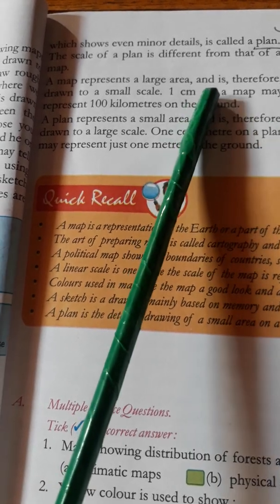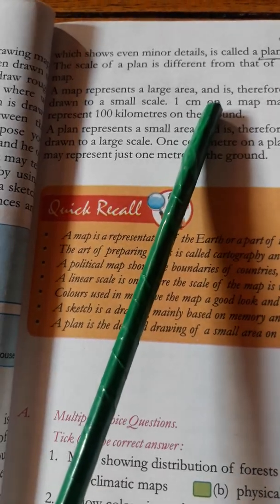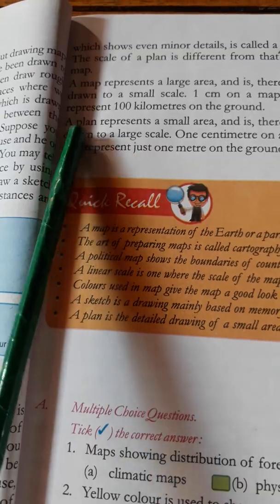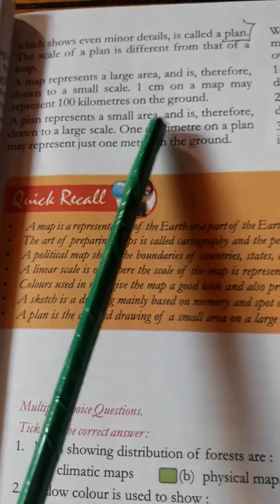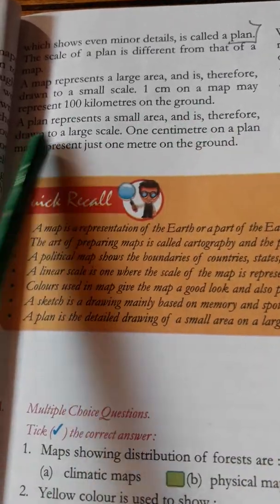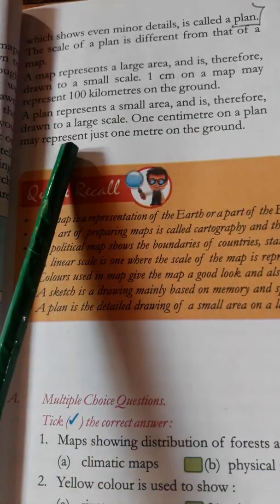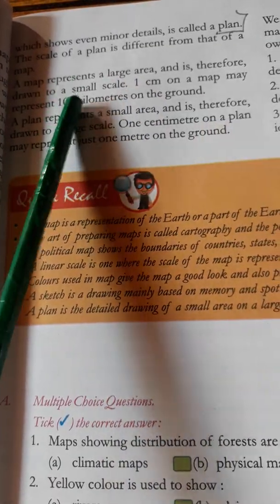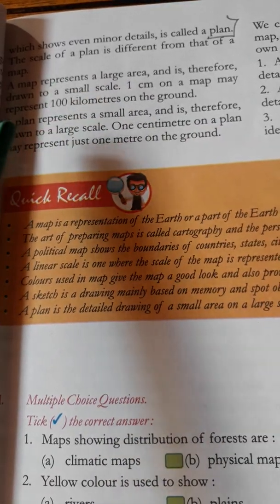These are just examples to let you know the measurement. A plan represents a small area and is therefore drawn to a large scale. 1 centimeter on a plan may represent just 1 meter on the ground. So keep in mind these two differences between a map and a plan.